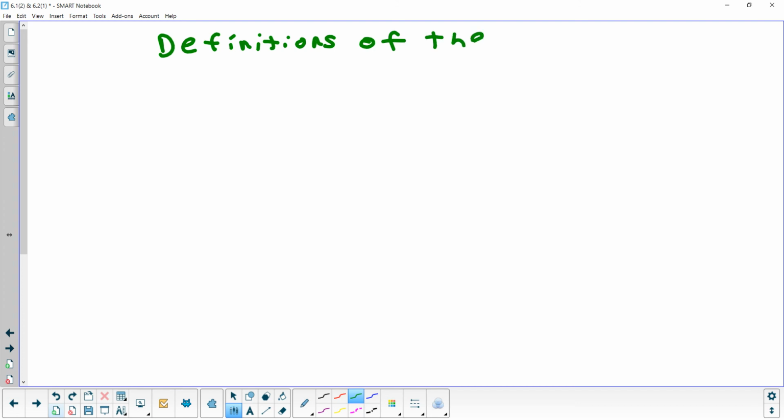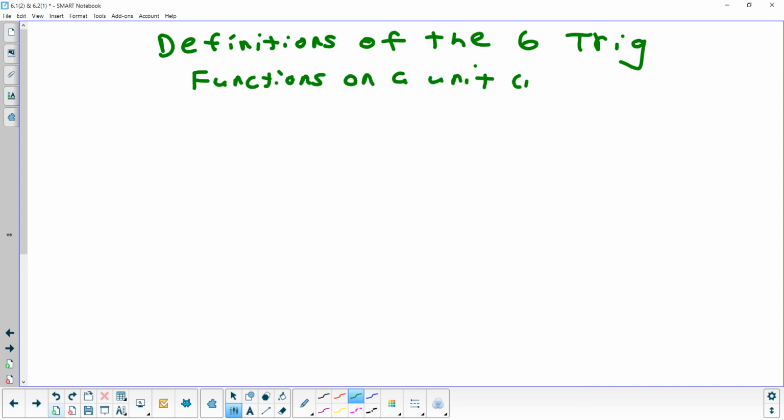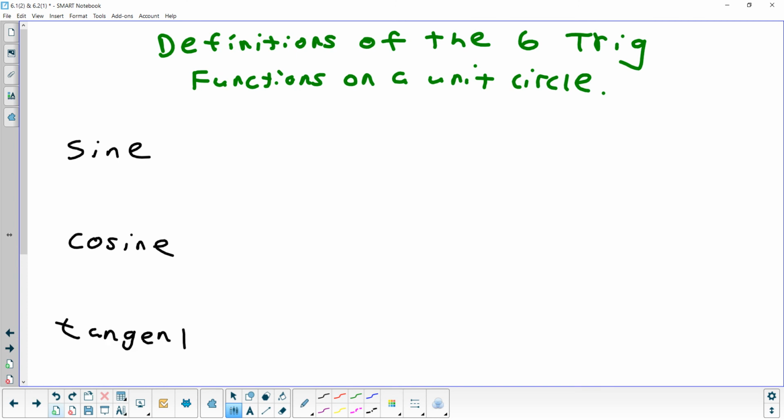Definitions of the 6 trig functions on a unit circle. Okay, and here are the 6. The first one is sine. The second one is cosine. And the third one is tangent.